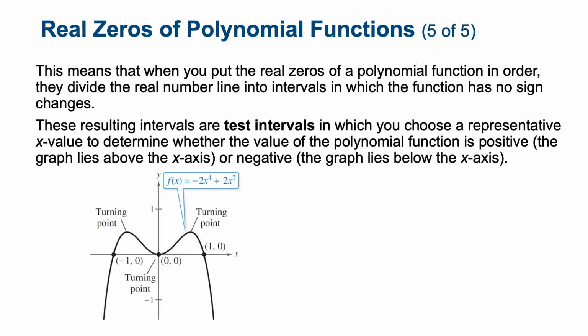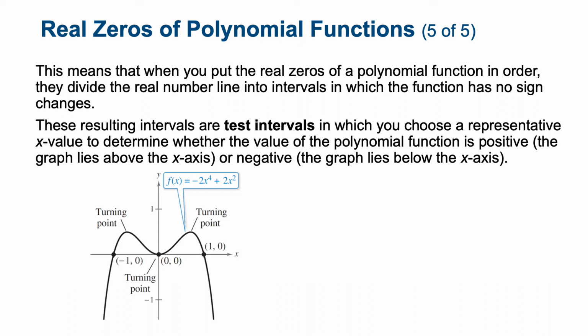So another thing you can do, if you wanted to put the real zeros in order, you see how it divides the number line into intervals where the function has no sign changes in between the zeros. So we could call these things test intervals. If I was to draw a straight line and put -1, 0, and 1, I could plug in points to see where the graph is.